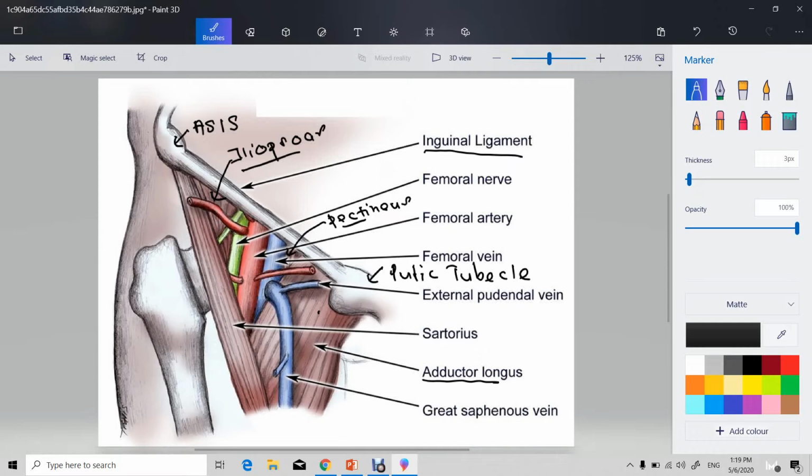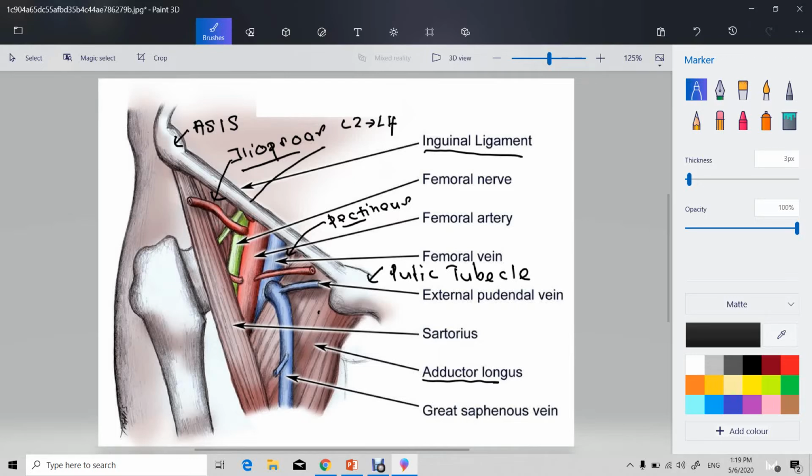Now we will discuss the contents of the femoral triangle. From lateral to medial, the most lateral structure, the yellow one that we can see here, is the femoral nerve. The femoral nerve comes from the spinal cord at the L2 to L4 roots.